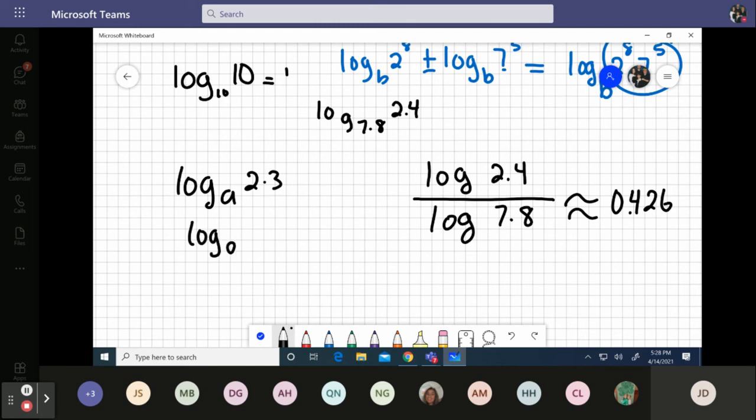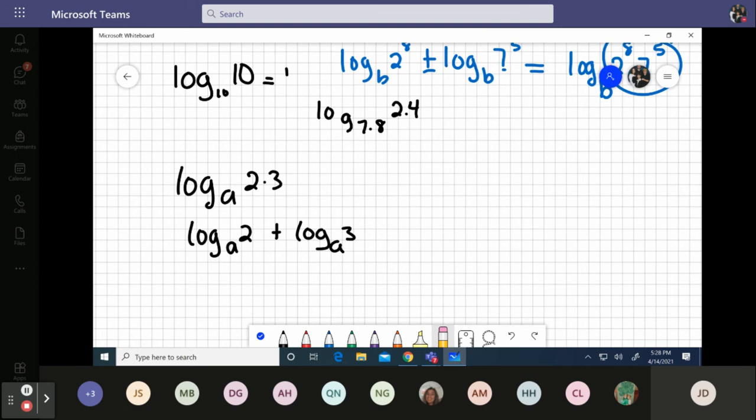This could be broken into plus, because of my addition property. But I do not have a property for 2 plus 3. Okay? There's nothing you can do with that. That's a done deal.